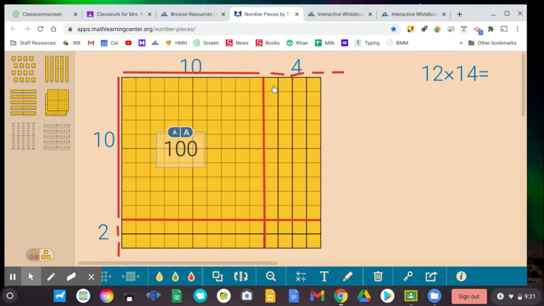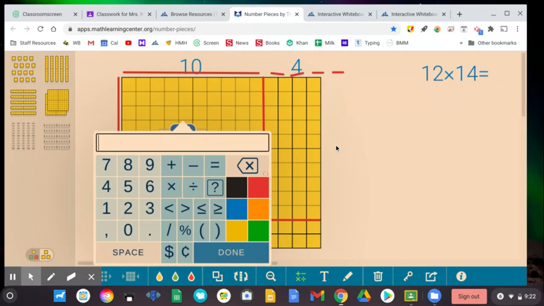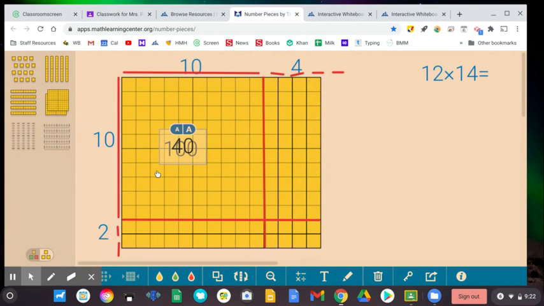Now here we have a group of 4, and they're 10 long. So we have 4 times 10. 4 times 10, we can count by tens, but 4 times 10 is 40. Let's make it black. Okay, we're done. There, we know that this is 40 over here.